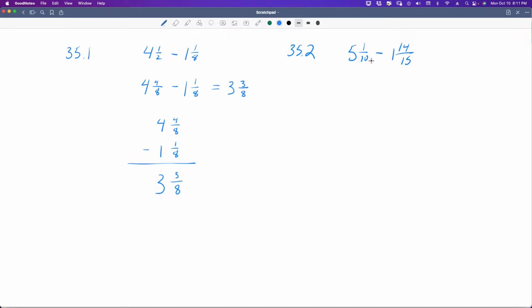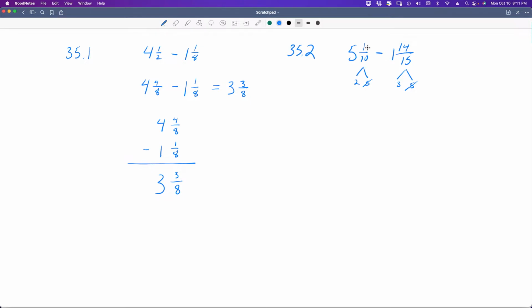So the only other option is to multiply by the opposite factor. So let me show you what I'm doing. The factors of 10 are 2 and 5, and the factors of 15 are 3 and 5. So we know they both are sharing this common factor, but we can't get back down to that number from either one of these because the numerators are not divisible by 5, right?